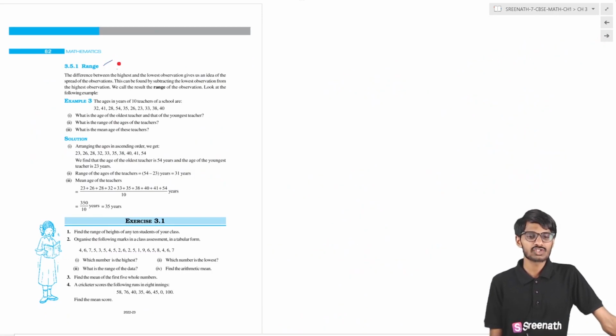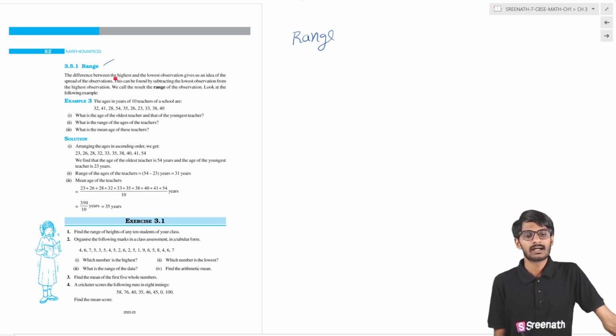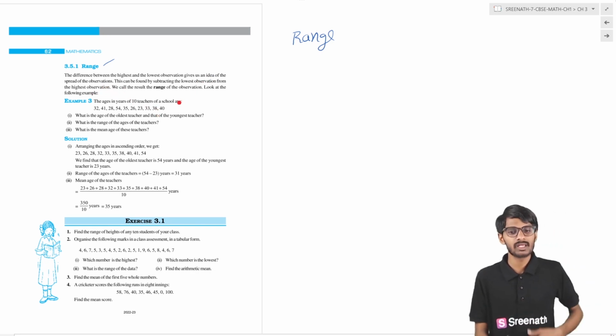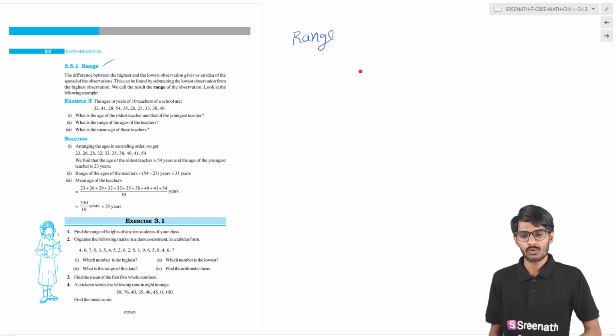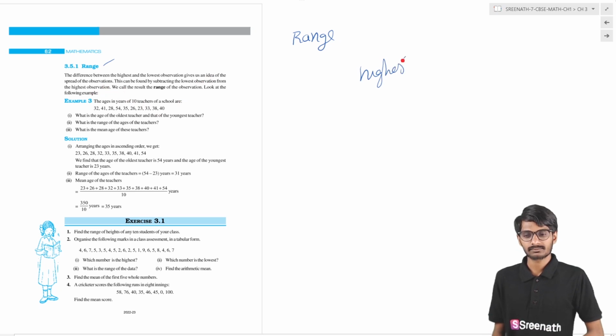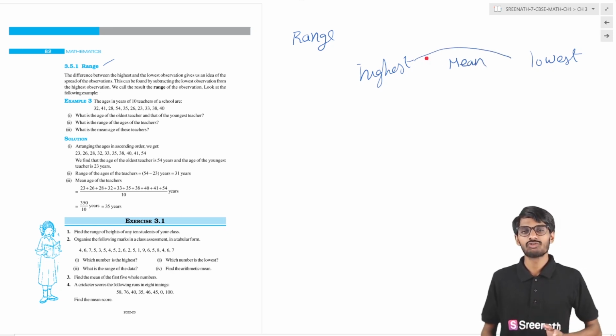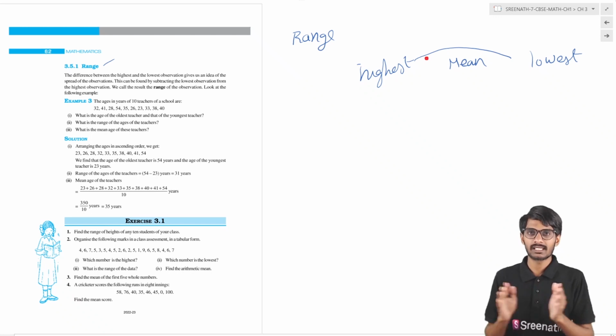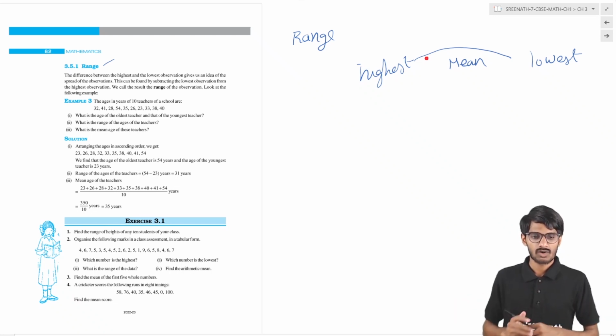Next thing is the range, students. What is range? If you know the difference between highest and lowest observations, it gives us an idea of the spread of the observations. In between the highest and lowest there will be the mean.